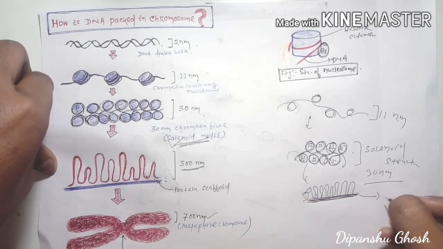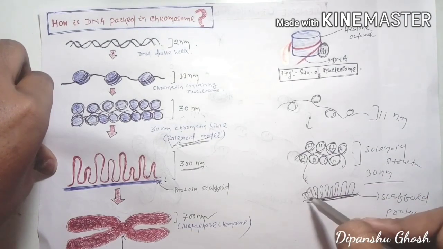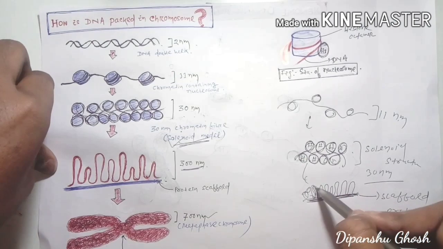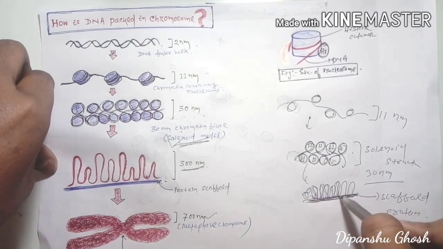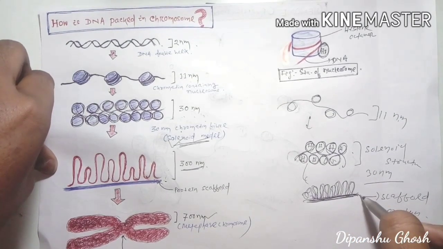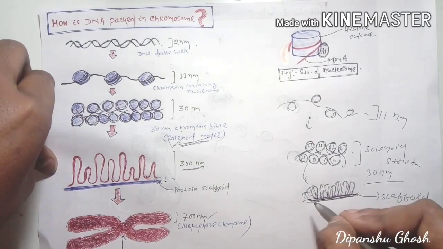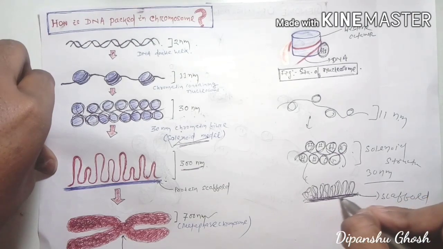This is called your scaffold protein, right? This scaffold protein will help these 30 nanometer fibers to be glued at their original place. That means they will not be separated away. It will act like an attaching surface, right?